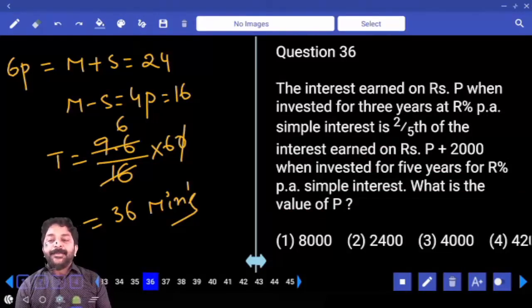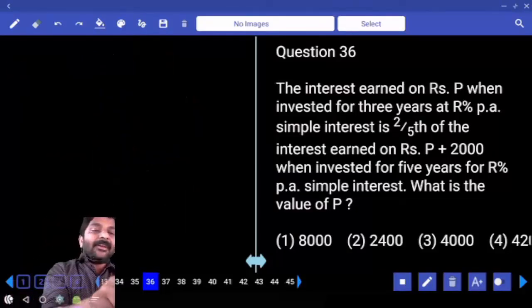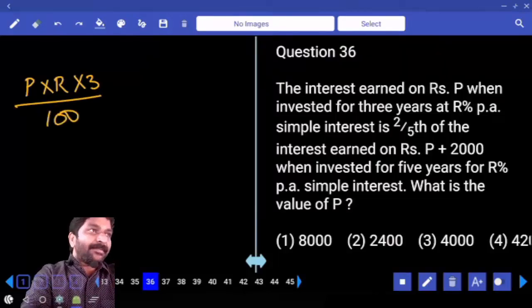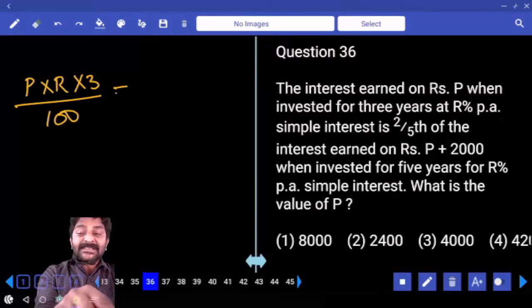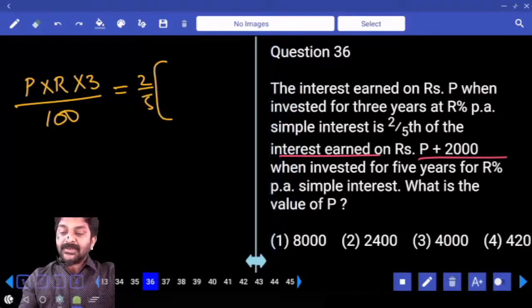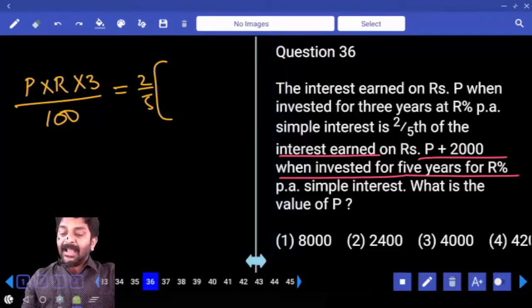Interest earned on P rupees when invested for 3 years at R% per annum. Simple interest is, your principal is P, rate of interest is R, time period is 3, PNR by 100. Interest obtained on the first part is 2/5 of what? Interest earned when P plus 2000 is invested for 5 years at R%.